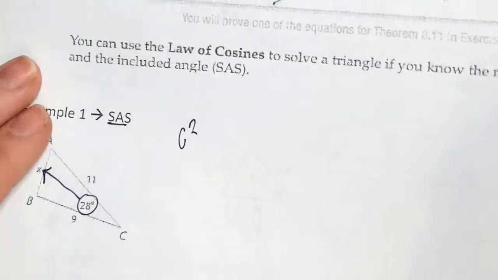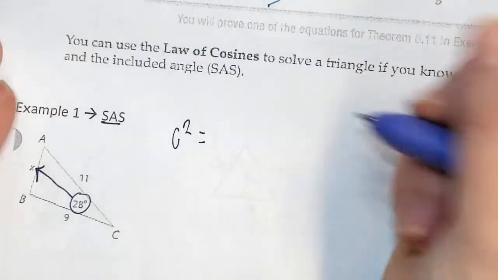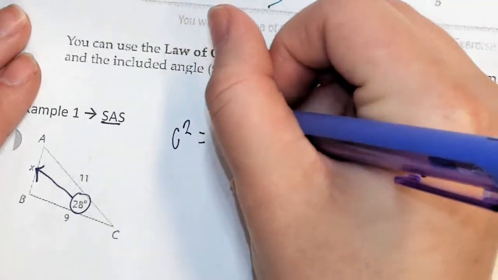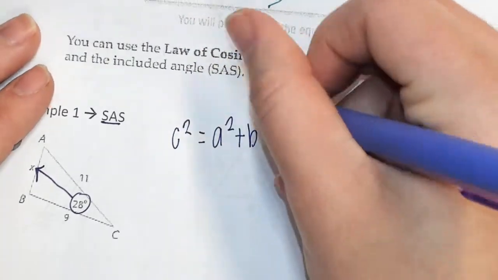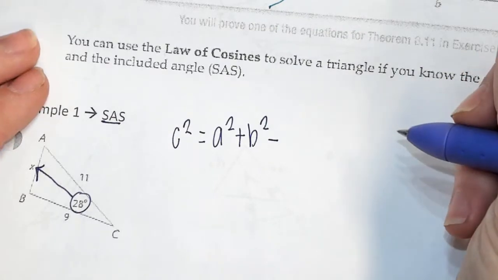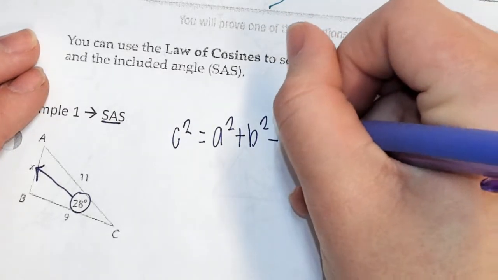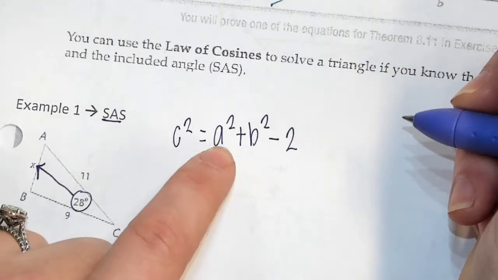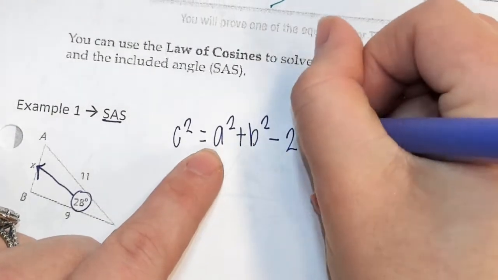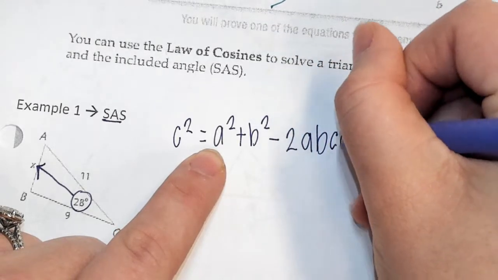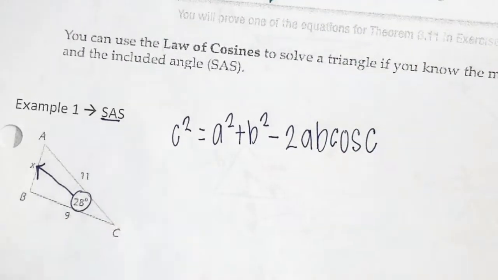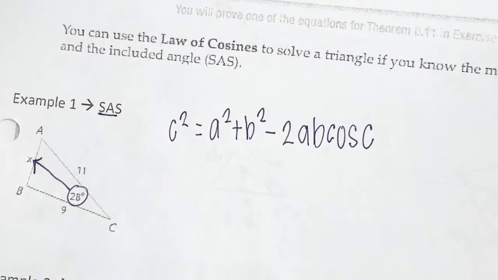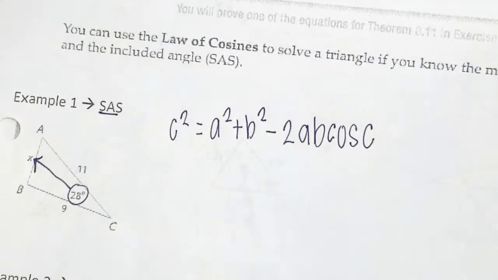C squared equals the other 2 letters, which are A squared plus B squared minus, this is just copying down the formula, minus 2 times the 2 letters that are right in front, so times 2 times A times B times cosine of the letter that's out front, which is C. So you're going to use this same formula every time. The only thing that changes is the C, the A, and the B.